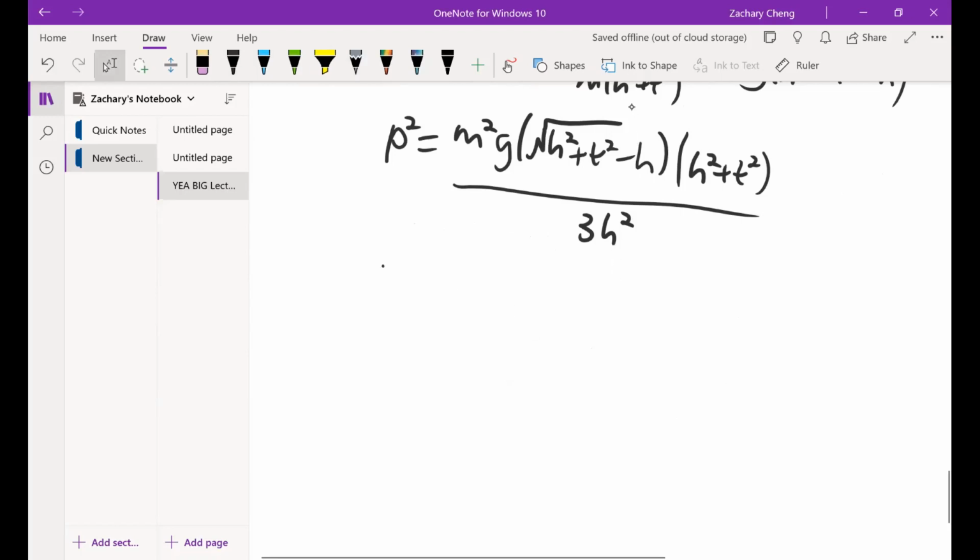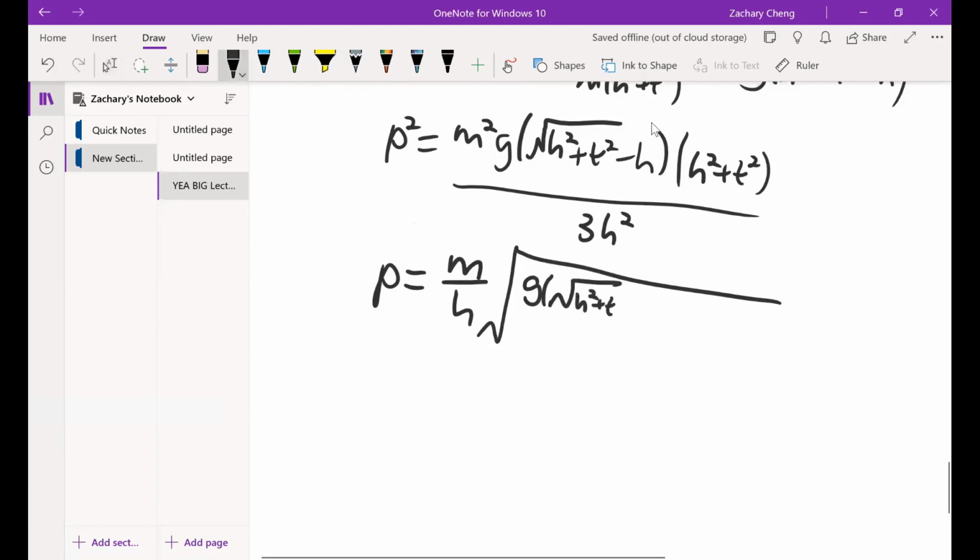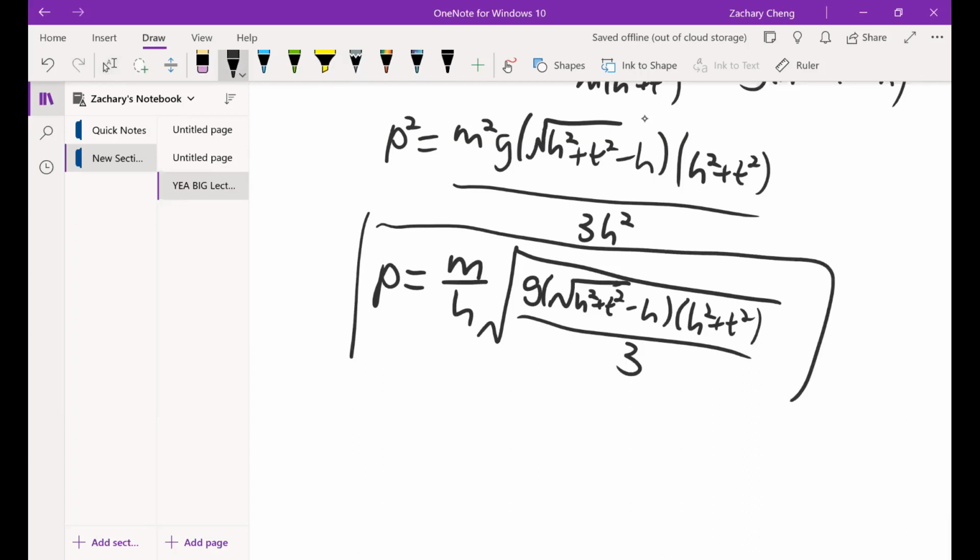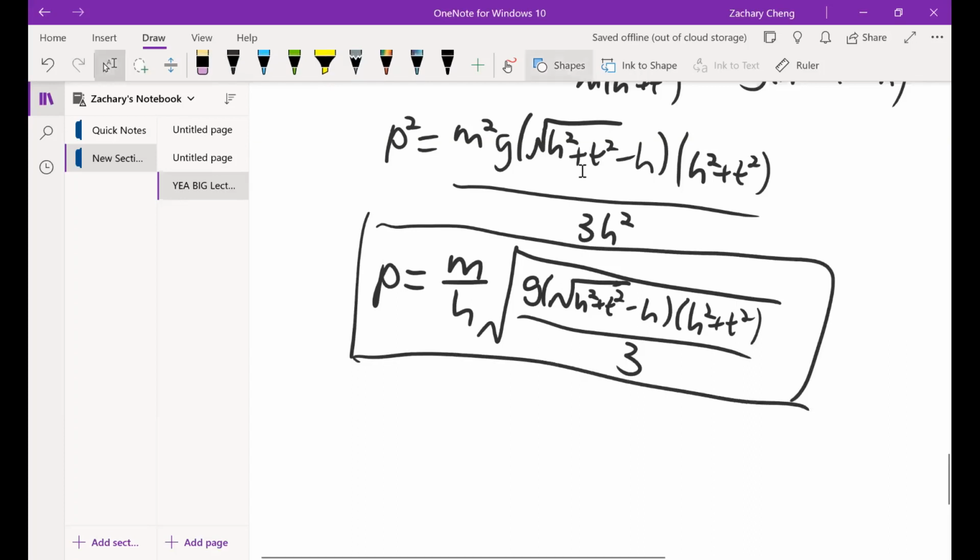We just take the square root and we get that p is equal to m over h times square root of g times (square root of h squared plus t squared minus h) times (h squared plus t squared) all over 3. So that's the answer. p is equal to this. And so that's the answer to part 2 of this useful problem.